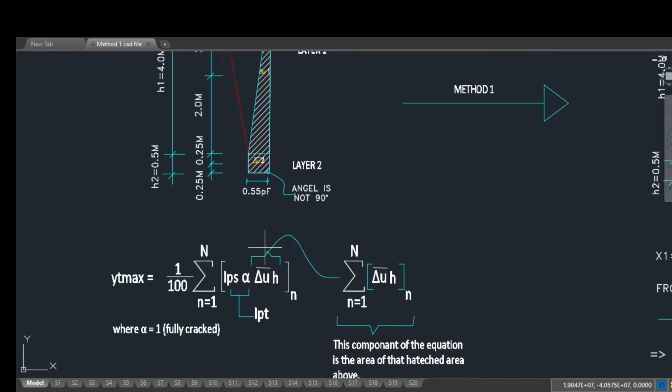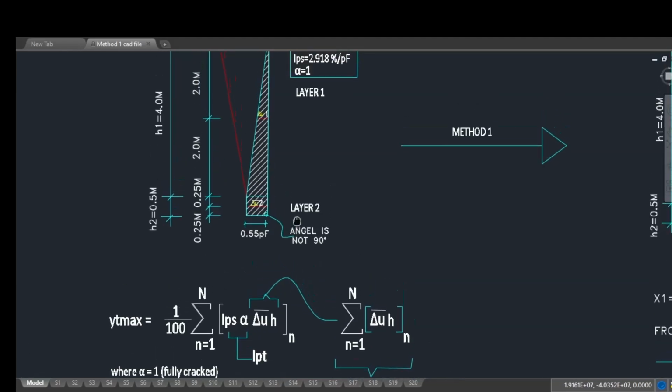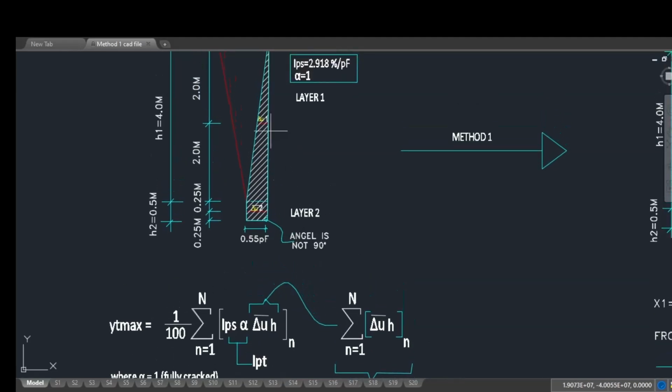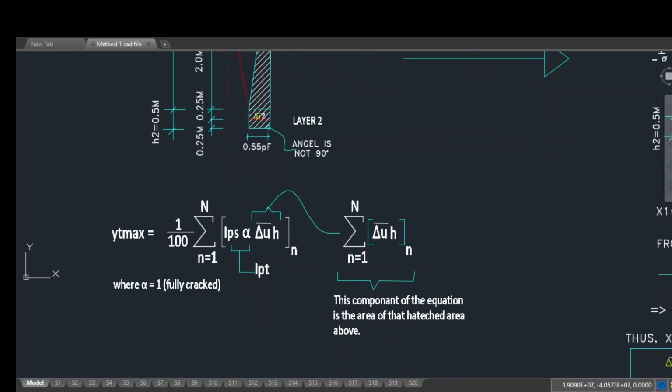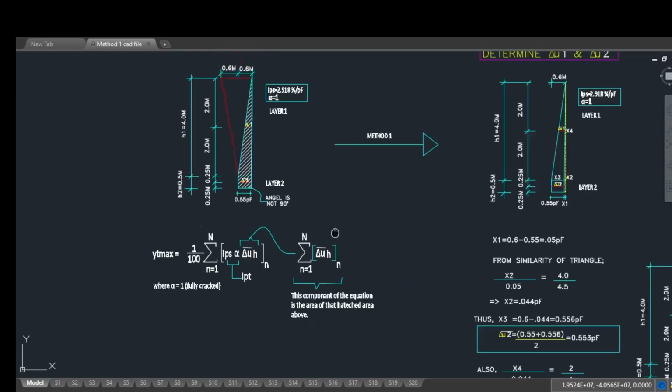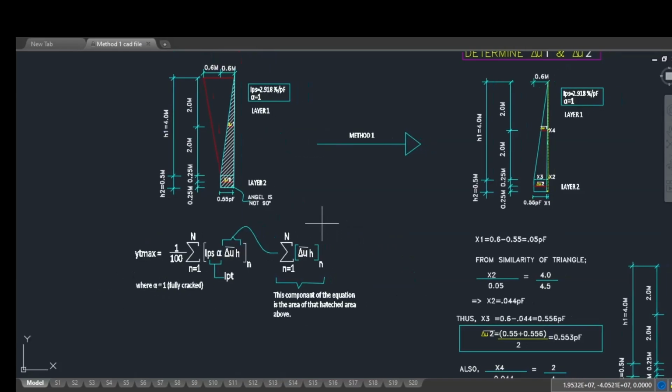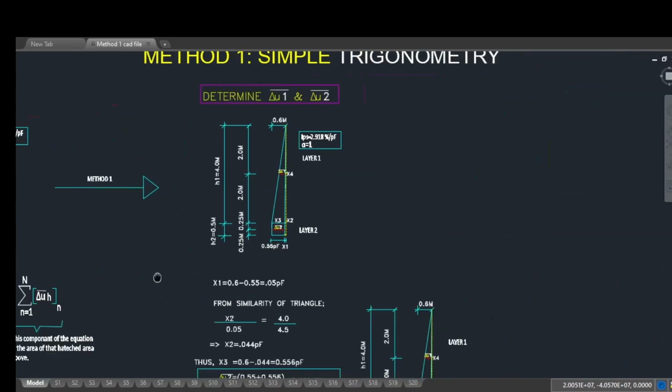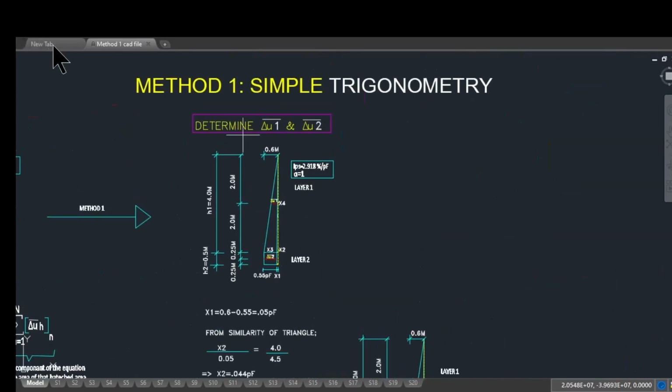Now the sum of the product of the average suction change and the layer depths throughout the whole profile is simply the value of that hatched area. Remember that the alpha factor is 1 as the whole profile is cracked due to the effect of the trees. Now, got that out of the way.